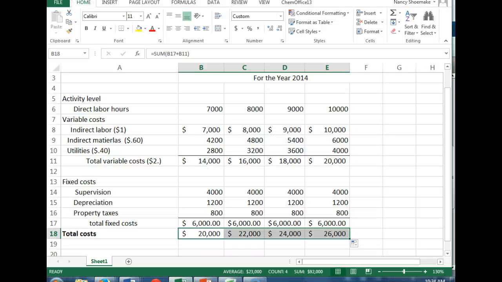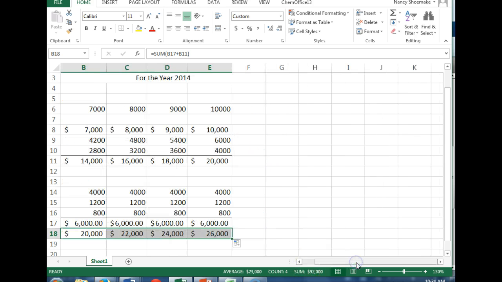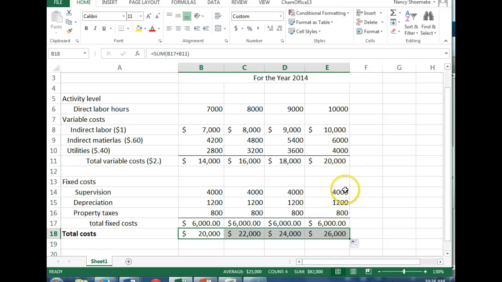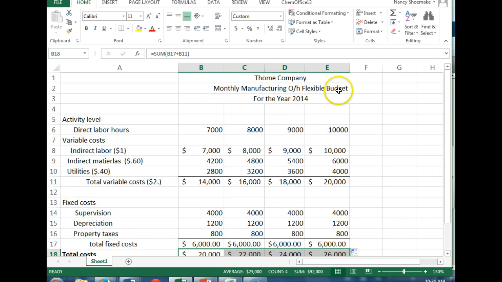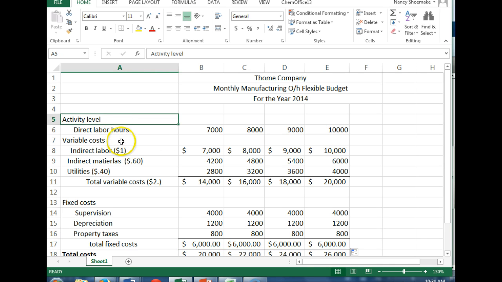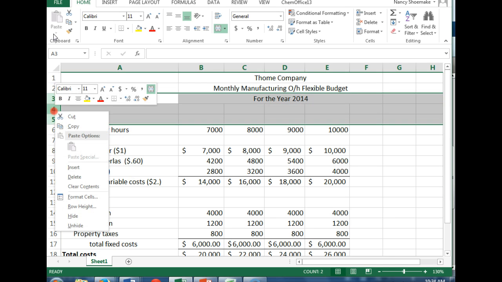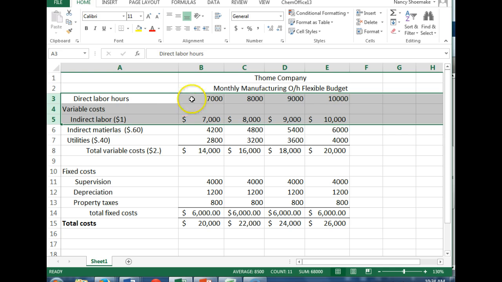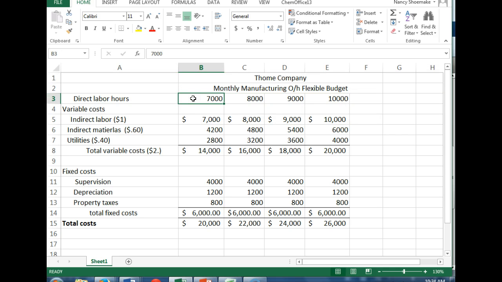So what are we going to do here, guys? Do y'all want me to do it? Yes. I'm happy to do it, but I'm not going to talk over you guys. No offense. So we're going to make a manufacturing overhead flexible budget. We're going to have direct labor hours, and we've got budget.